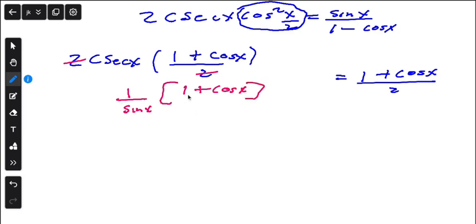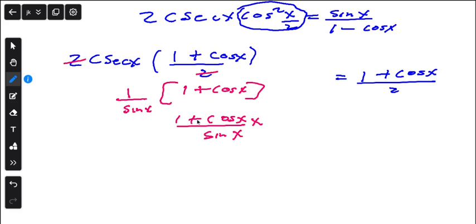So 1 multiplied by 1 plus cos x, we are going to get (1 plus cos x) divided by sine. So from here you can see that this one is different from this one. So what are we going to do? We need to multiply the numerator by the conjugate and also the denominator by the conjugate.